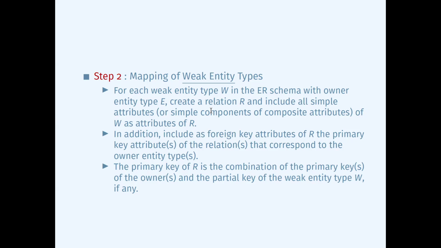So for the weak entity type, you don't have a primary key. What you have is a partial key. So you will get it from the identifying relationship, and that key attribute will be part of the primary key for the weak entity type as well.